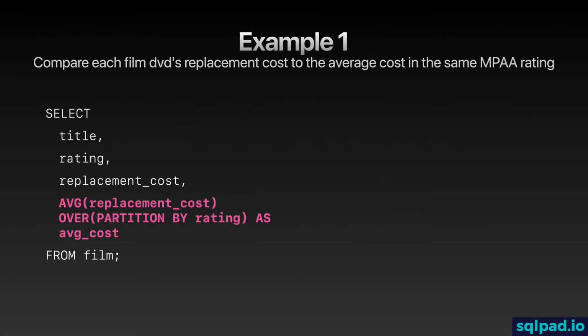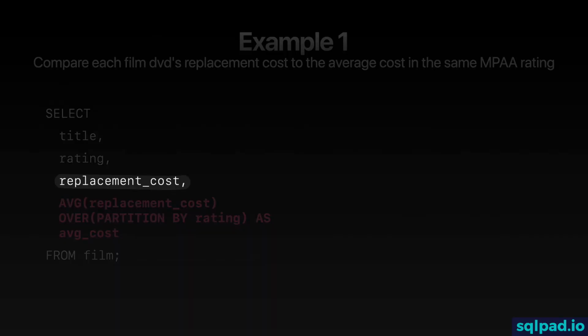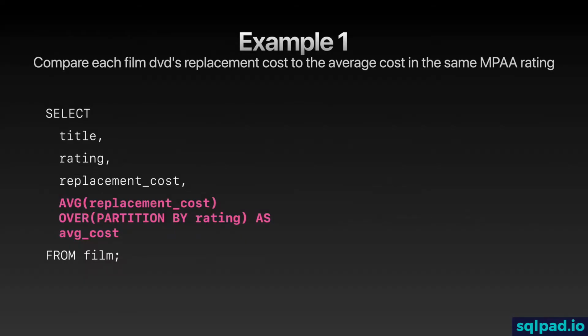Let's take a look at an example. In this first example, I want to compare each movie DVD's replacement cost to the average replacement cost of all the movies with the same MPAA rating.